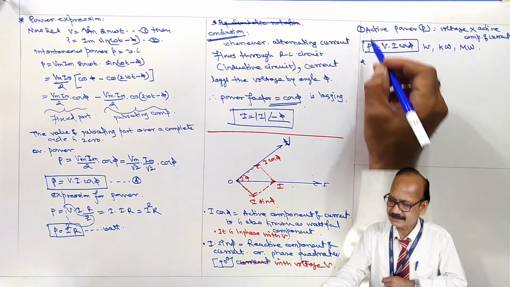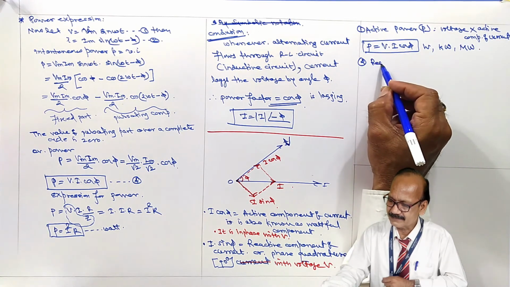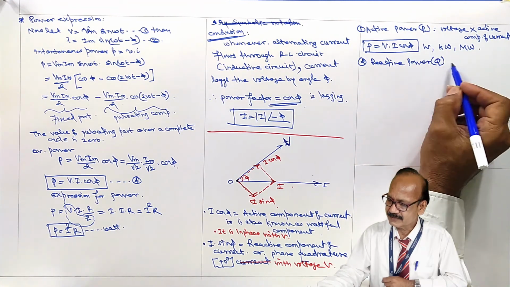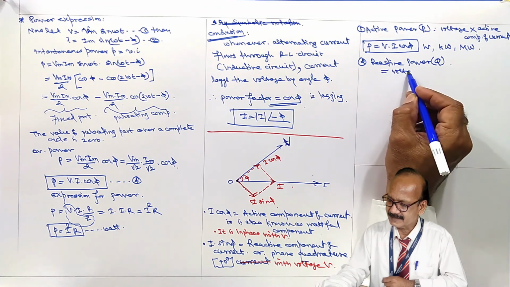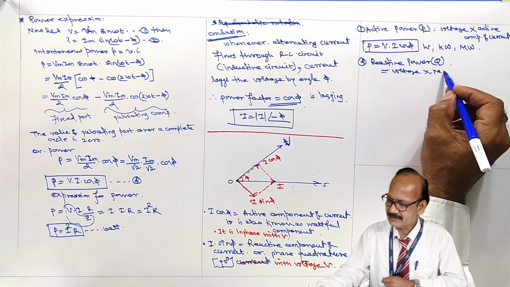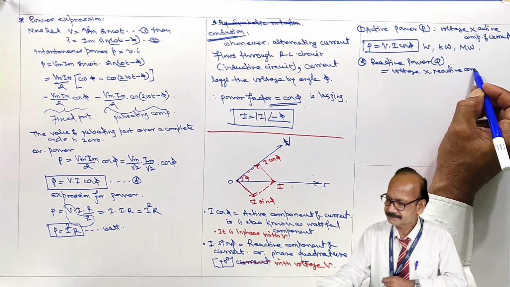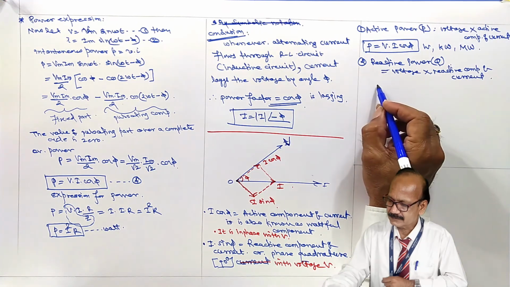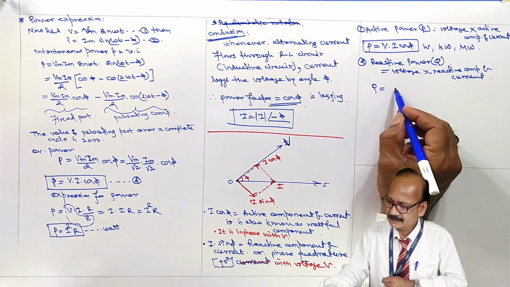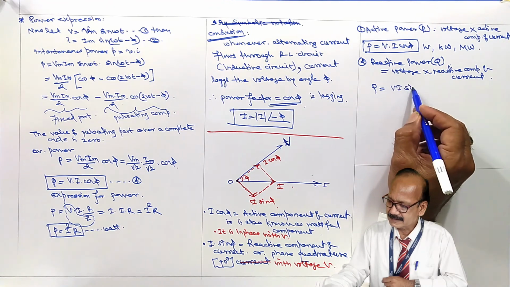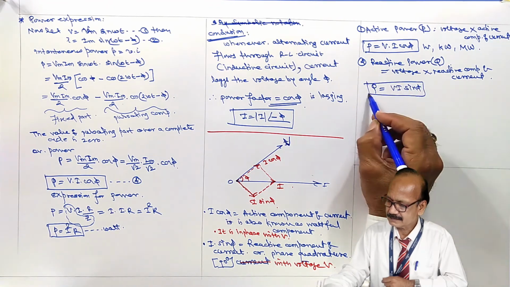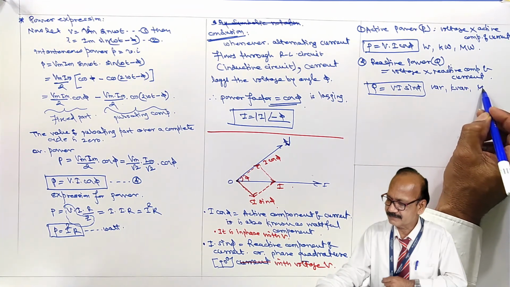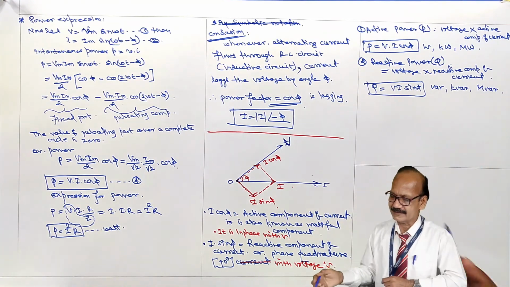Then second, reactive power, denoted by Q. It is voltage multiplied by reactive component of current. So Q equal to V I sin phi. Unit is VAR or kVAR or MVAR, bigger units.